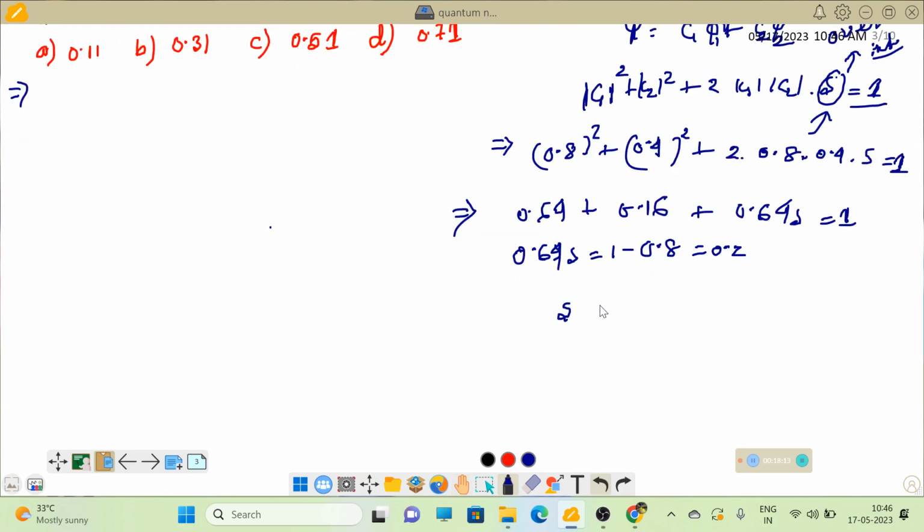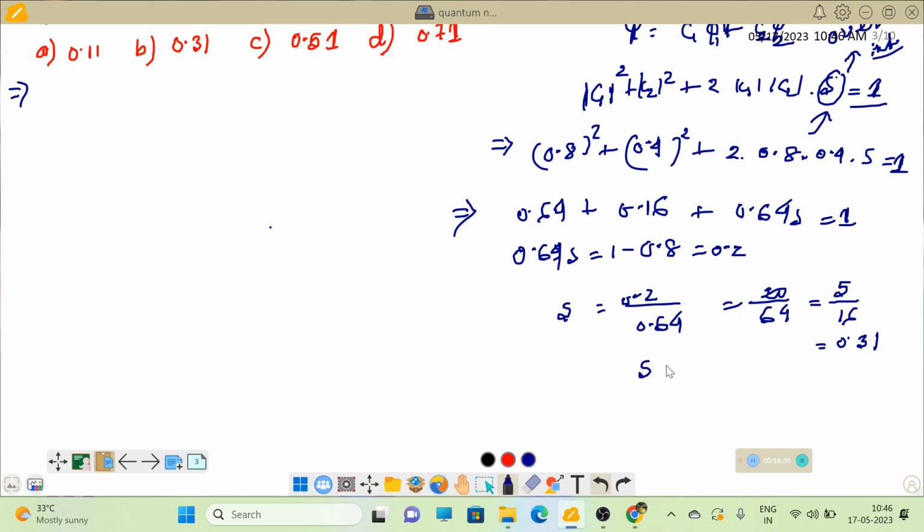So S is equal to 0.2 by 0.64, that is 20 by 64, that is 5 by 16. So 0.31. This will be the answer.